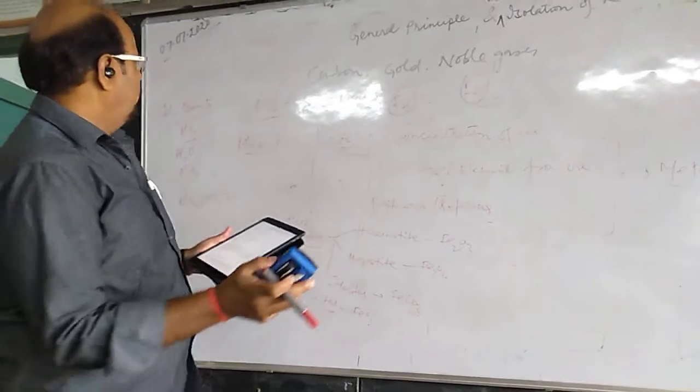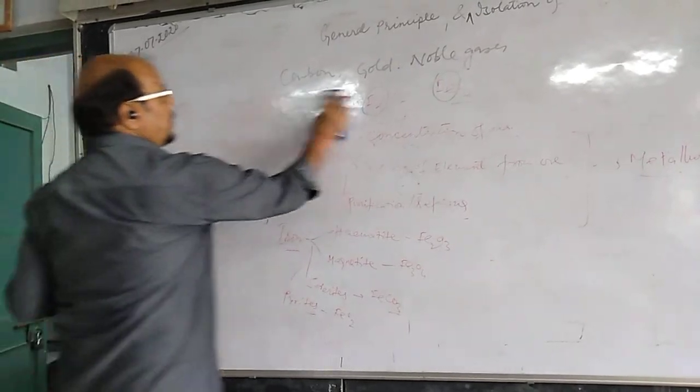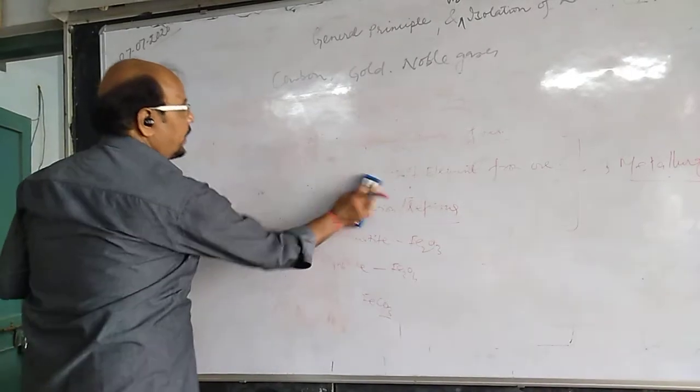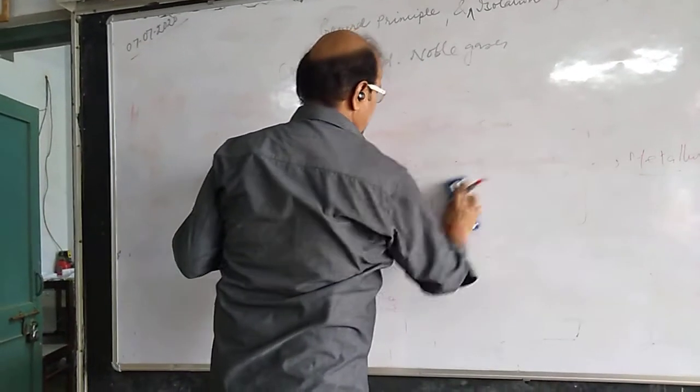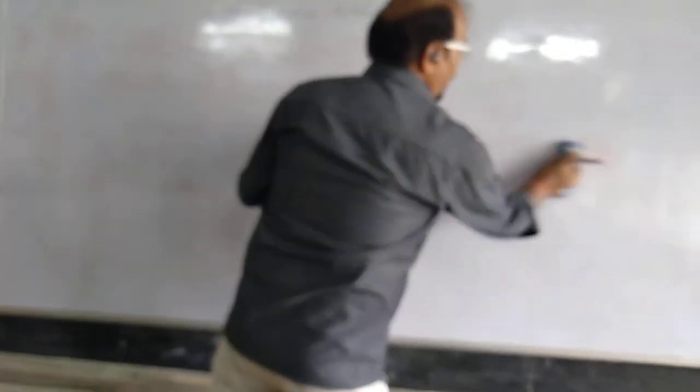So you can find out that ores are the substances from which the metals can be extracted profitably, and the process is said to be metallurgy. इस process को क्या बोलते हैं?